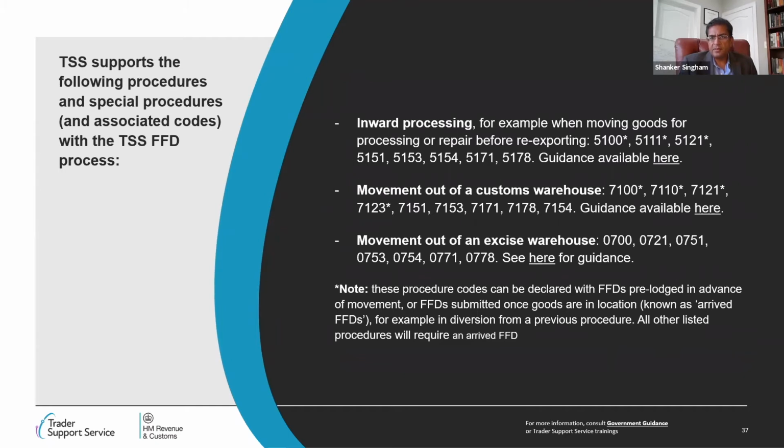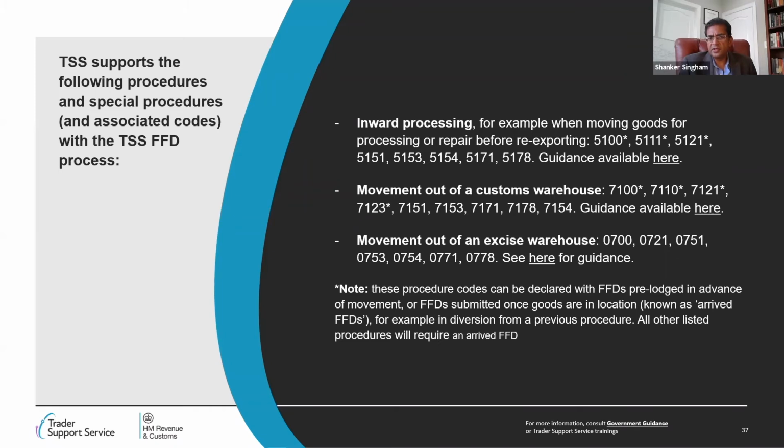Inward processing, I mentioned, where you've got goods that are being processed or repaired before re-export, movement out of a customs warehouse, movement out of an excise warehouse. We support all of those now. These, the asterisk procedure codes, there's a series of codes there that were asterisked.